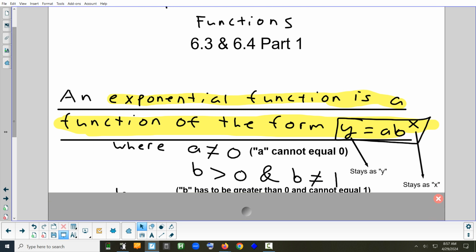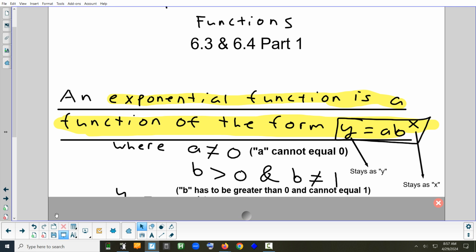And the b, I think you guys already have that one written down too. I wrote it up here kind of like a short way, and then down below it, which is what you have in your guided notes, I wrote it out the long way. So it says b has to be bigger than 0. That's what that top part means. B is bigger than 0. So b is greater than 0, but it can't be the number 1.